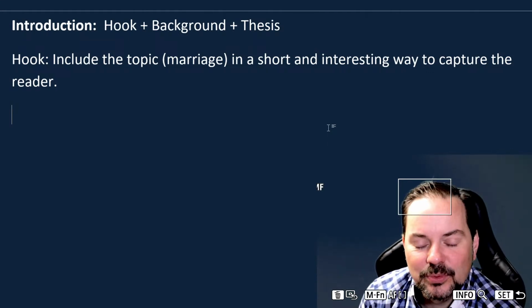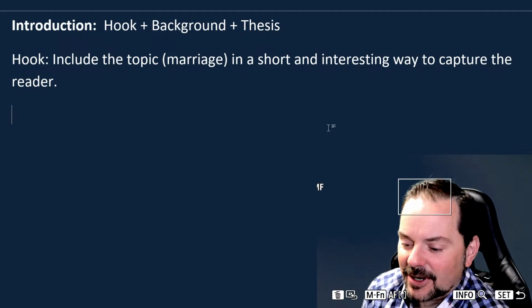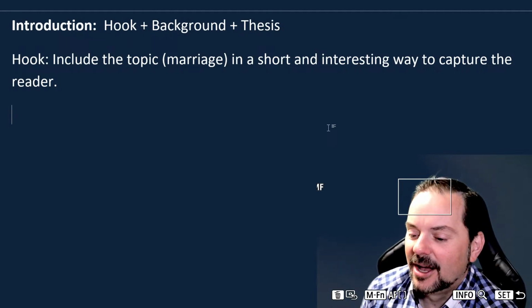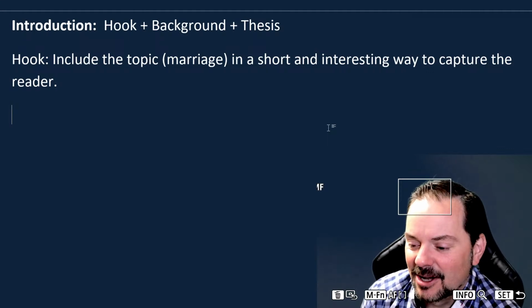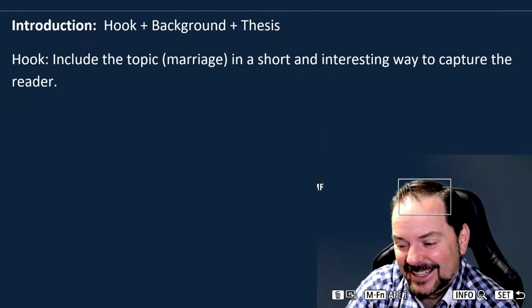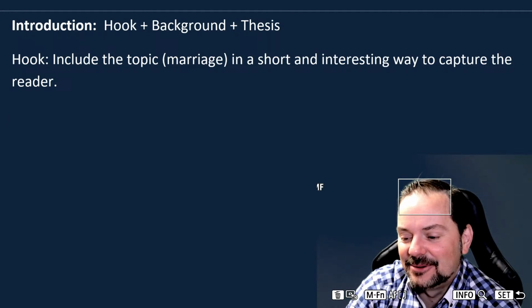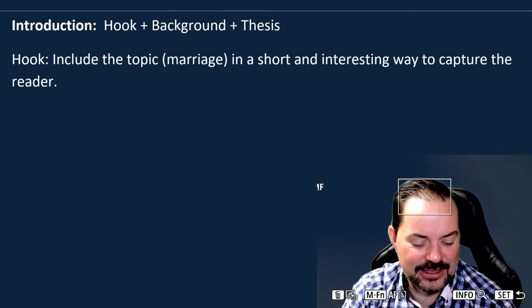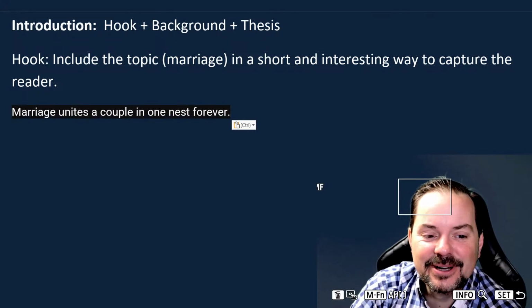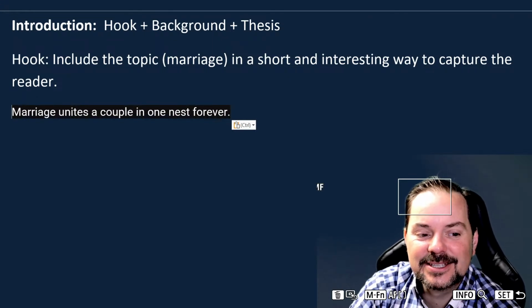Ghazi, I can see you really want to use the nest part. You want to really refer to couples as lovebirds. Ghazi says, marriage unites a couple in one nest forever. I like it. It's kind of like the background together with the hook. So I like it. Ghazi says, marriage unites a couple in one nest forever.